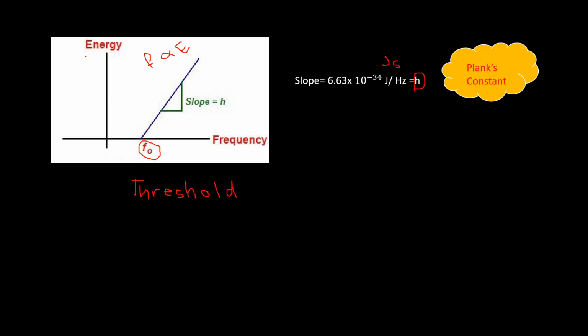To find the kinetic energy of the emitted electrons, we use this equation. Kinetic energy equals h times frequency minus h times threshold frequency. h times frequency is the energy of the photon that caused the emission. h times threshold frequency is called the work function.